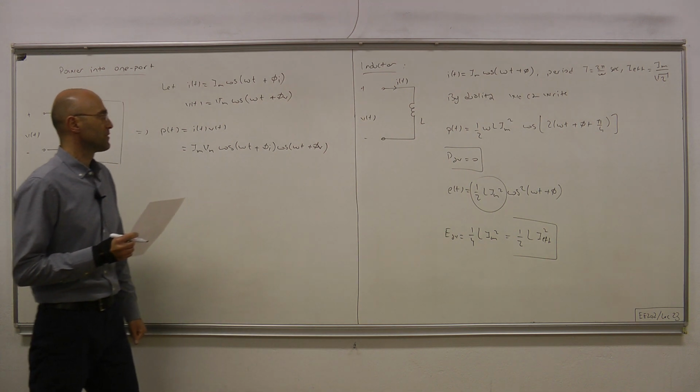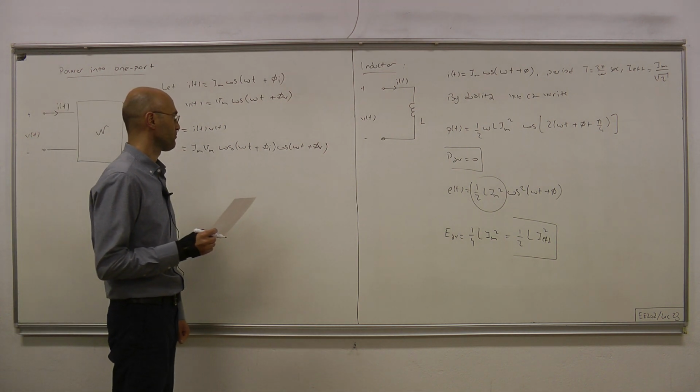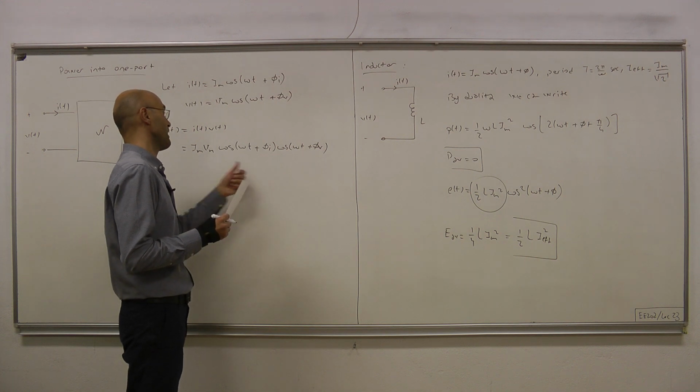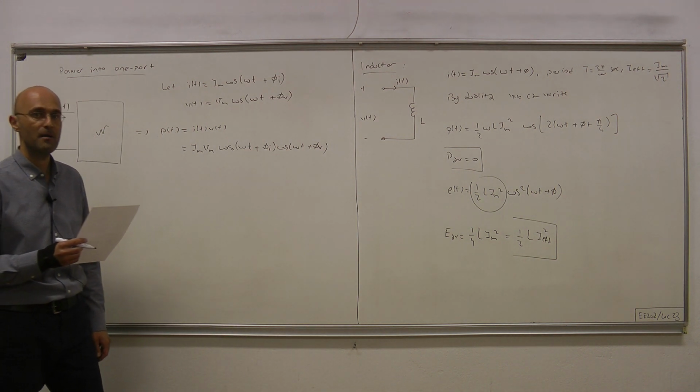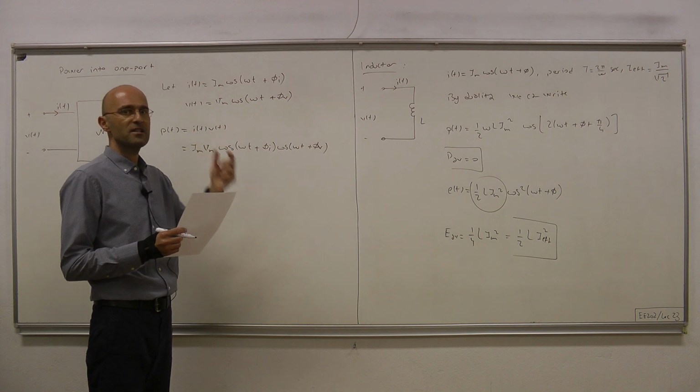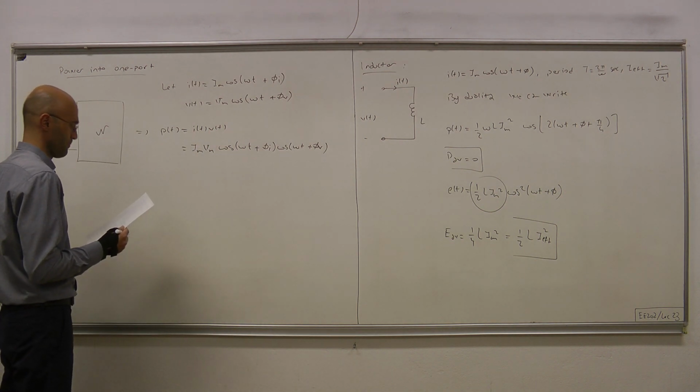Namely, cosine alpha times cosine beta equals 1/2 times the cosine of the sum and the cosine of the difference.